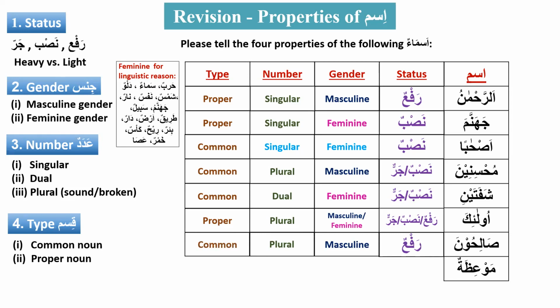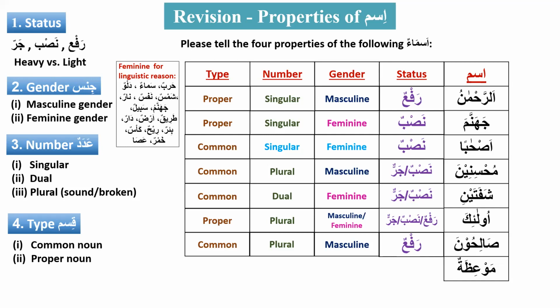Abdullah Barar, go ahead. Mawizatun. What's the status? Two dhammas at the end, so rafa.